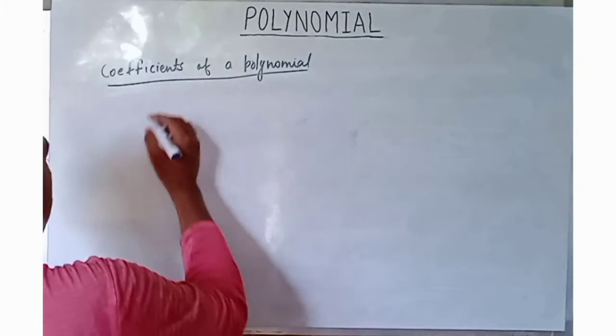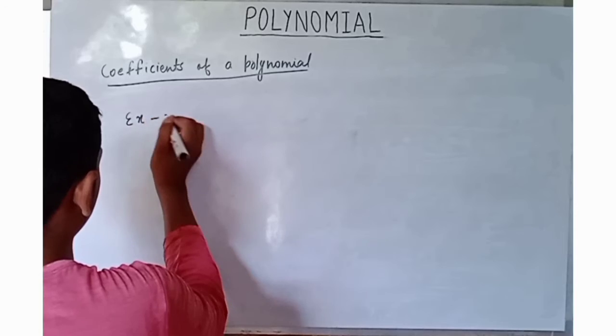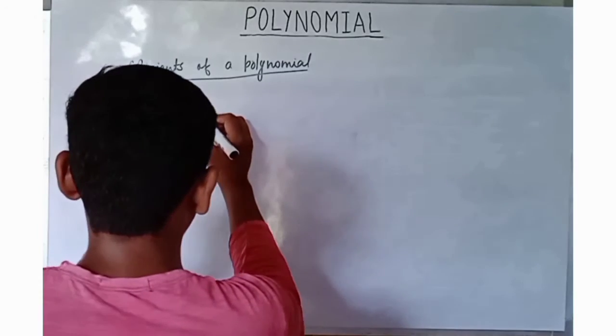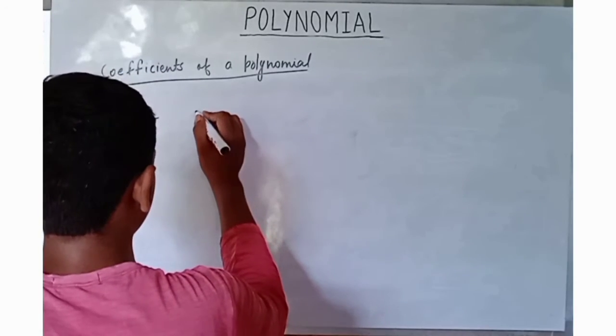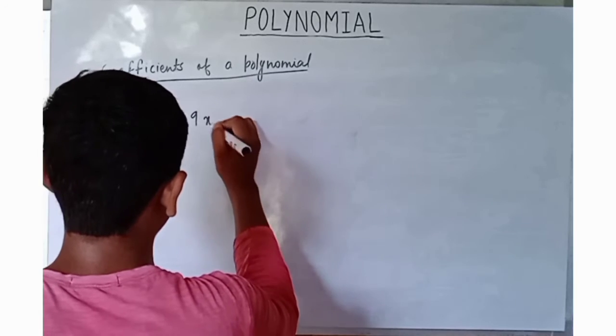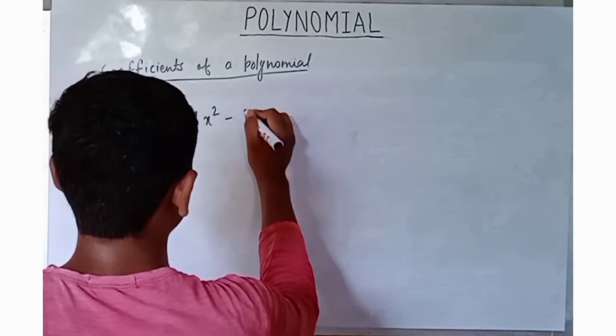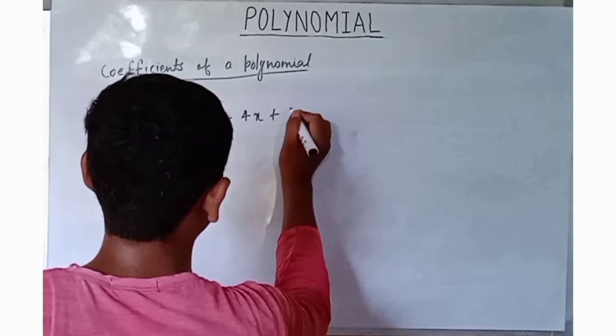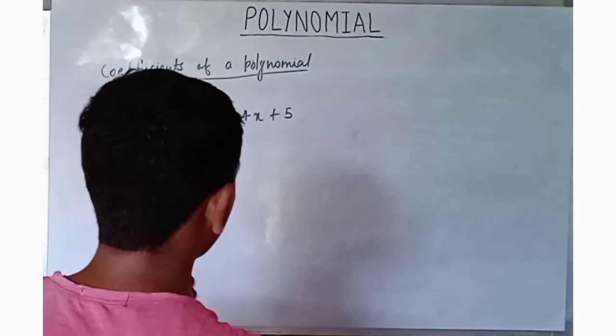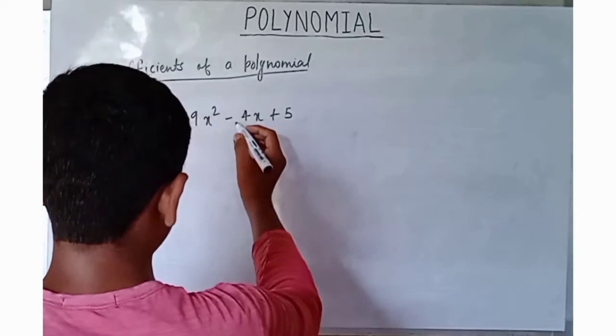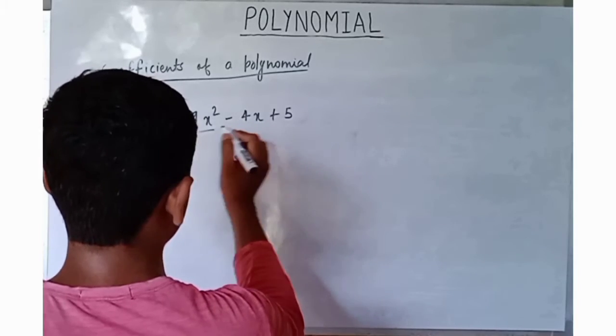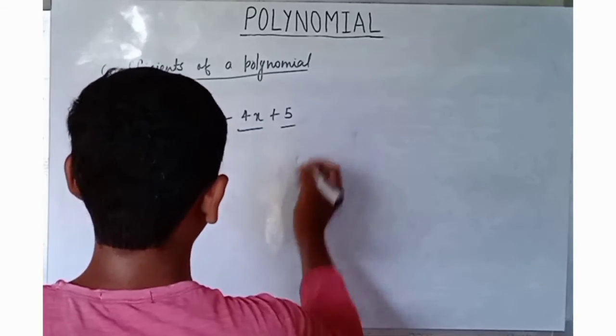For example, here I am writing 9x square minus 4x plus 5.